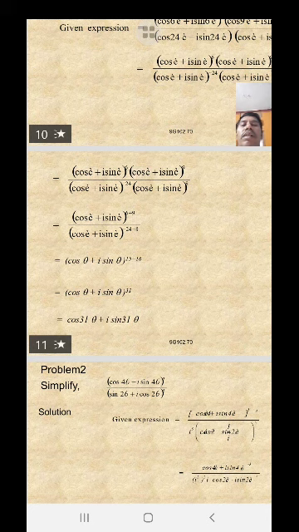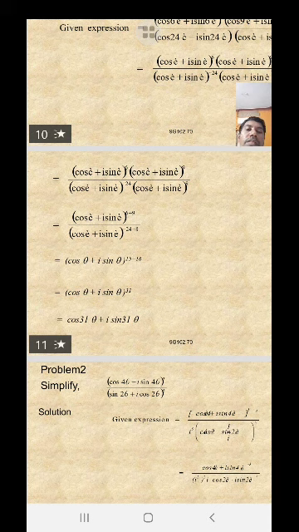Similarly here in the denominator, (cos θ + i sin θ)^(−24+8). Here also we are applying the a^m into a^n formula, so bases are same and powers are different, then the product can be written as one base with powers added. So −24 plus 8.